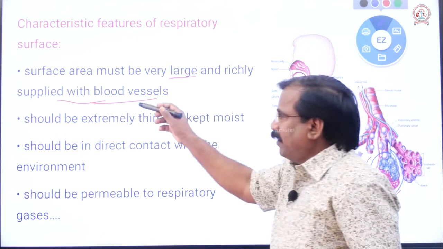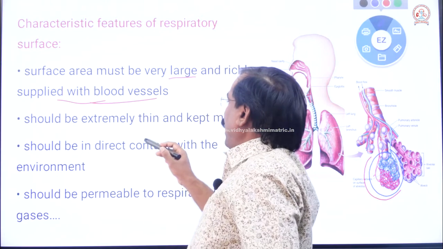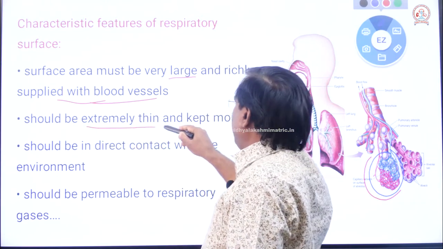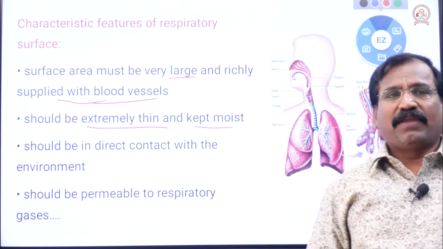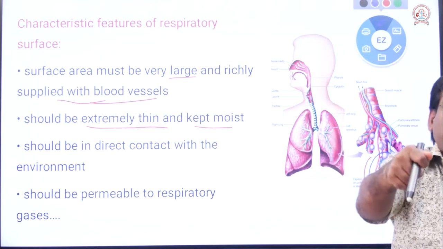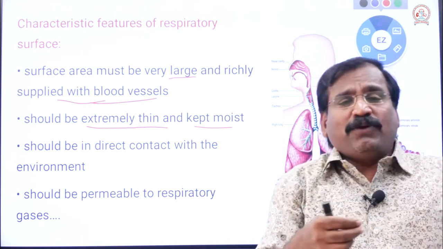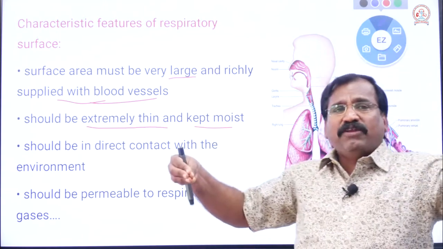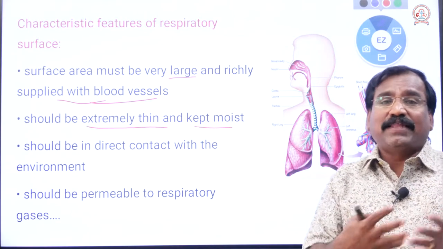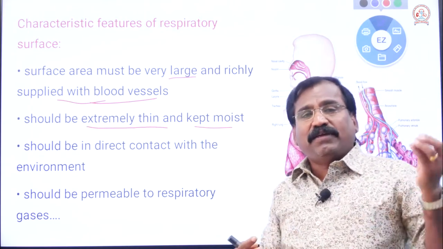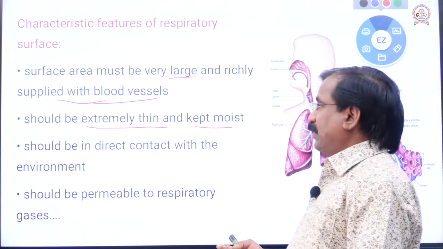Supplied with the blood vessels, and it should be extremely thin and kept moist. It must be wet. That is what the surfactant does. If it is moist, what happens? So that oxygen can dissolve and diffuse easily. The respiratory gases, carbon dioxide and oxygen, readily dissolve.